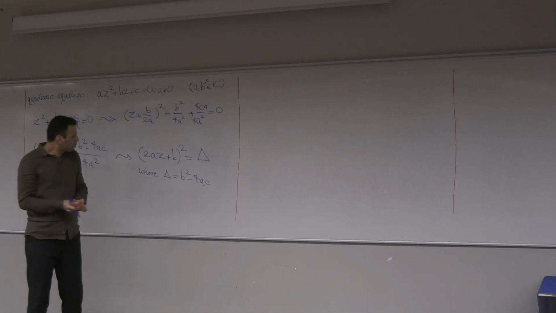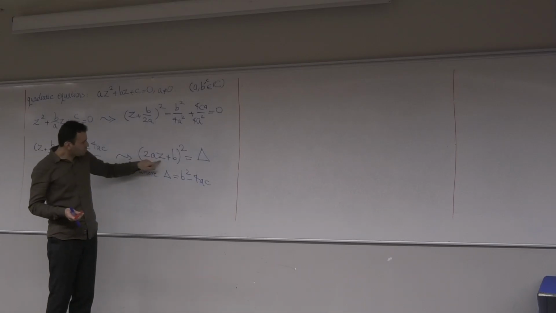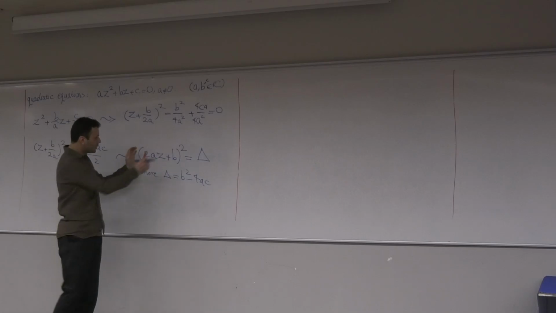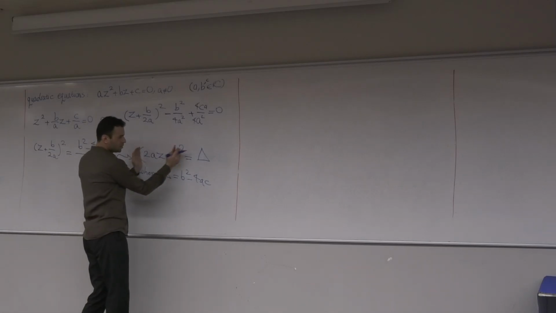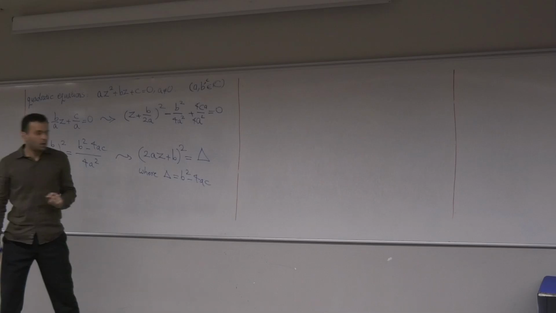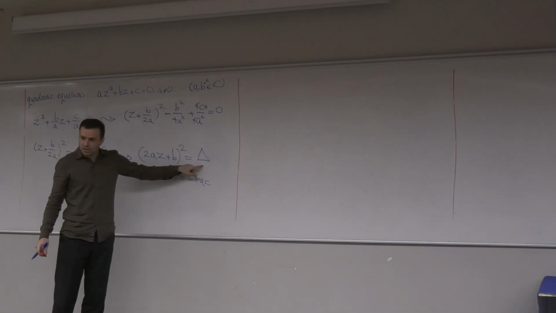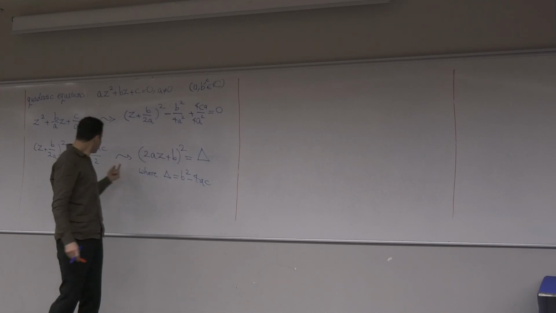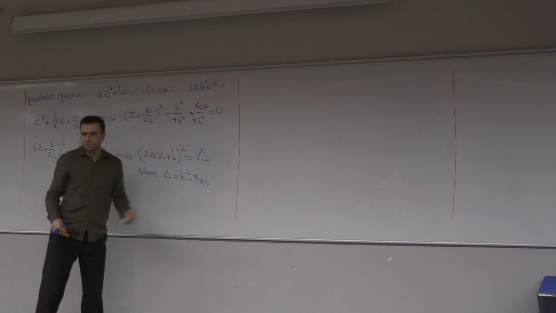Look at this. If we want to find only this place, because we are trying to find z, right? What should I do in order to get rid of this 2 and find the rest? We are just going to take the complex square roots of this side, right? By the way, why is this thing called a discriminant?